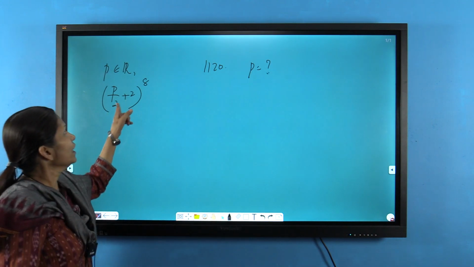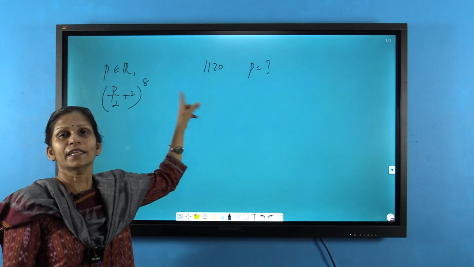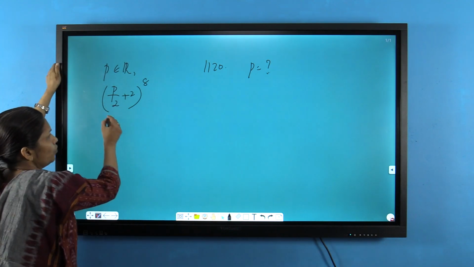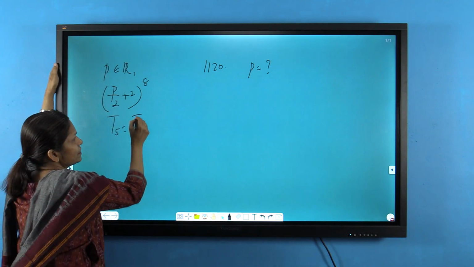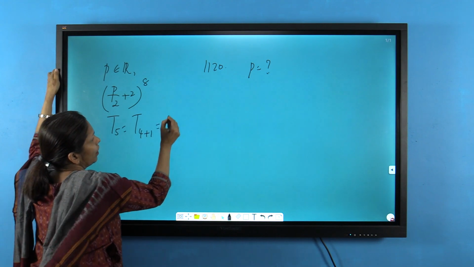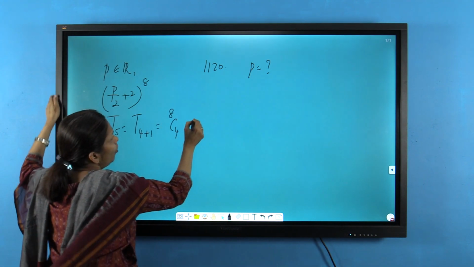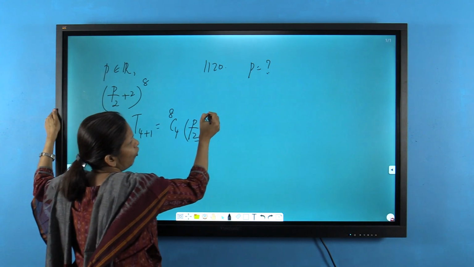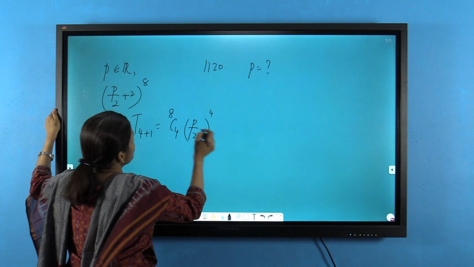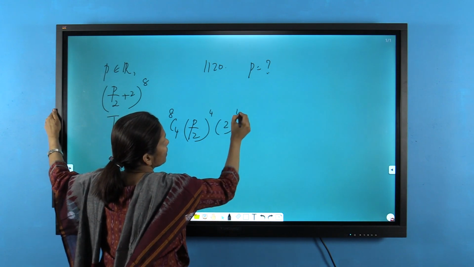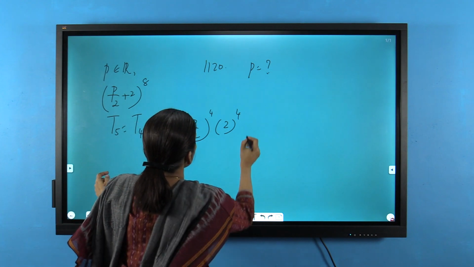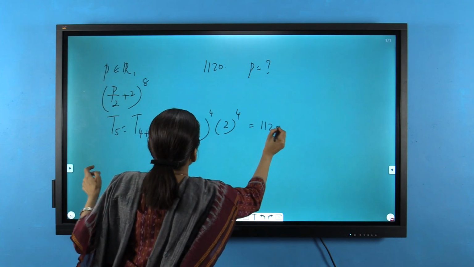Now, raised to 8, there are 9 terms, the 5th will be the middle term. So, what is the 5th term? It is t4 plus 1, 8C4 (p by 2) raised to 8 minus 4, which is 4, into 2 the whole raised to 4. So, this is given to be 1120.